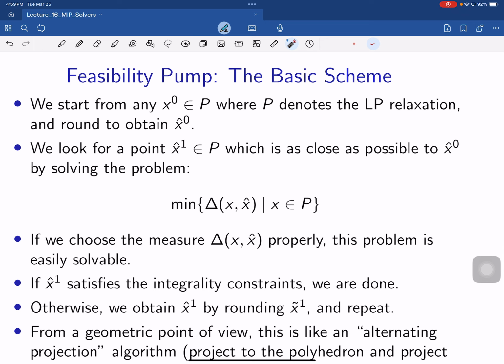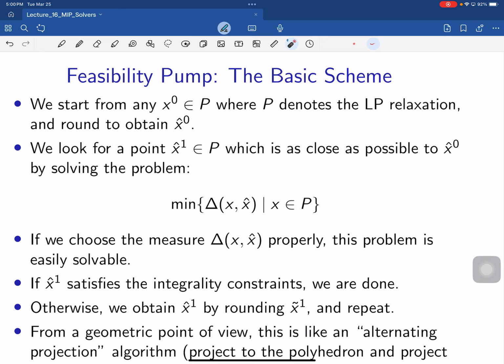But then you can always do a rounding to make it satisfy the integrality constraint. That's called x hat. Here we did nothing but round the fractional variables in x0. Now, after rounding, x hat may not satisfy the linear inequality constraints anymore.